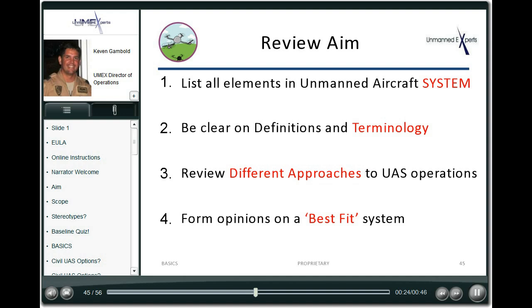And you've seen a number of different approaches and different ConOps. All will be developed in later lectures, and hopefully you'll start to see what options are available when you start approaching UAS planning and problems for your own, and you can decide on a best fit for that program. So hopefully we have completed the same.